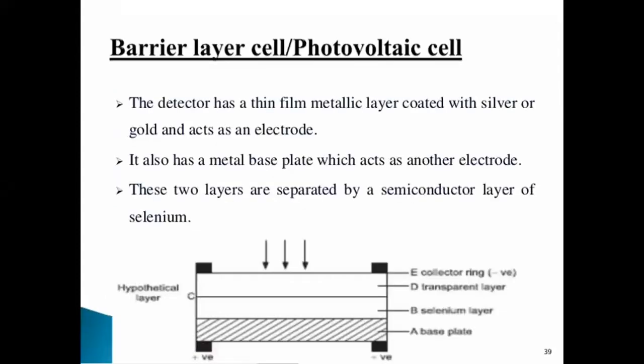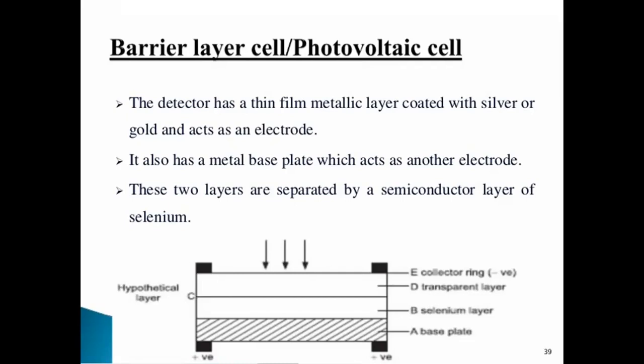Now the first detector system used in UV spectrophotometer is the barrier layer cell, also known as the photovoltaic cell. You know the basic principle involved behind the photovoltaic cell.